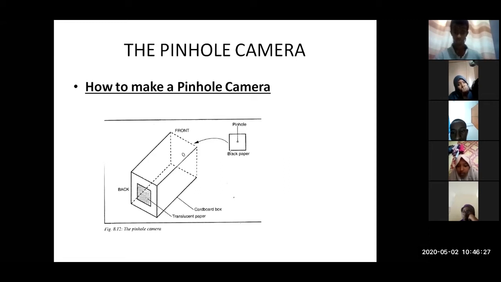I'm answering your question, please. So you are viewing from this end. You have just used translucent paper to act as a screen. And then that box, of course, inside you have painted it black to absorb any stray lights. So the light will enter through this hole and the image is going to be formed on this translucent paper. So your eye is on this side. You are viewing from behind here.